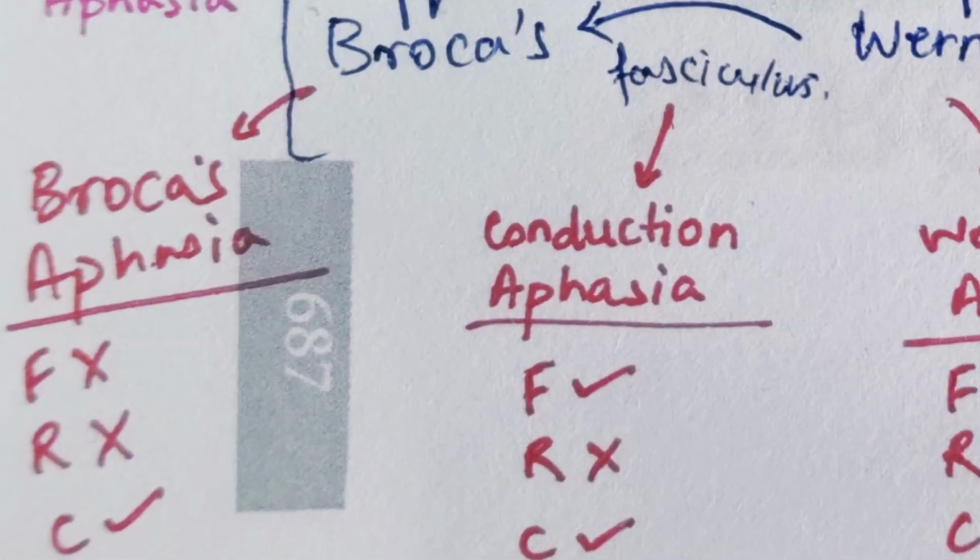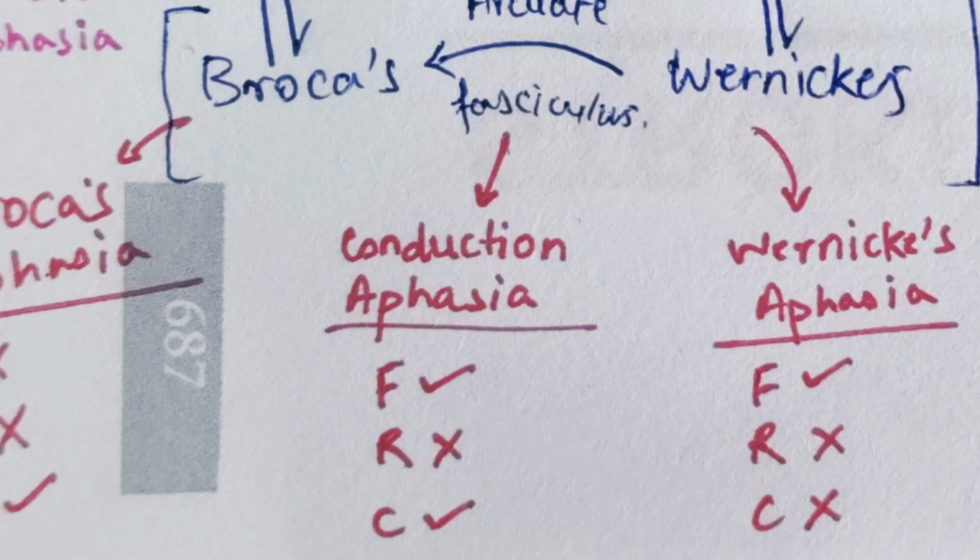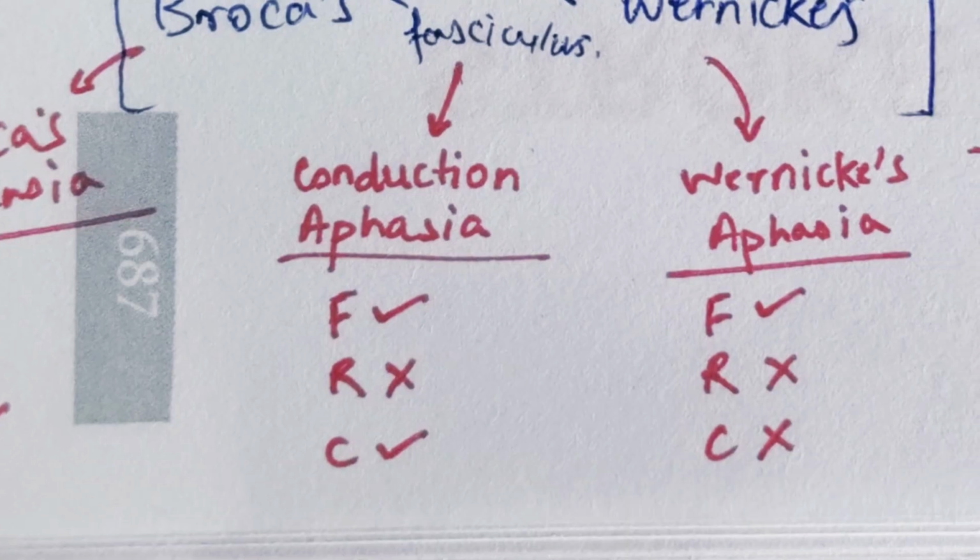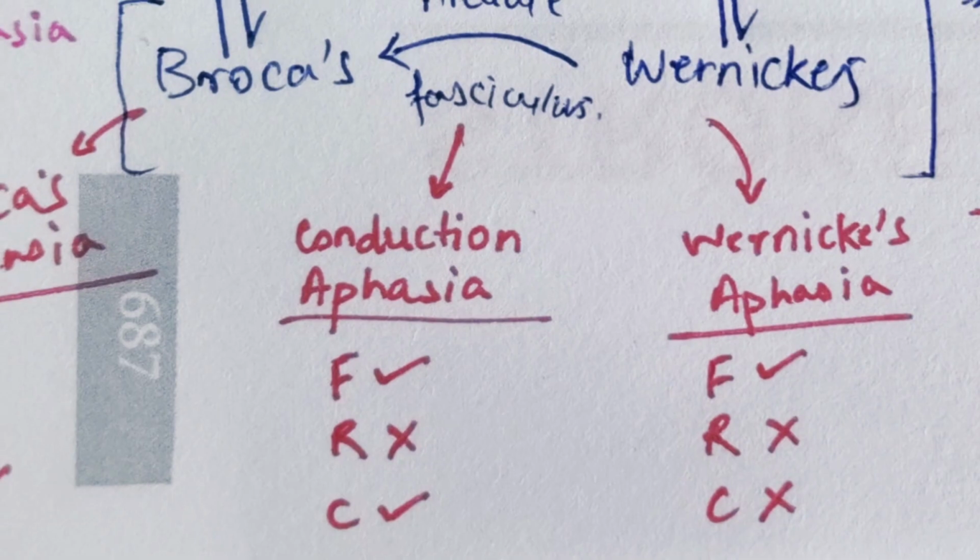In Broca's aphasia, comprehension will be present because Wernicke's area is normal, but there will be broken words, less fluency, or it will be non-fluent, because that's the basic job of Broca's area. That is lost, and since it is one of those three things, repetition is also lost. Conduction aphasia is just the problem of the arcuate fasciculus, and it is one of those three things where if loss happens, repetition is gone.